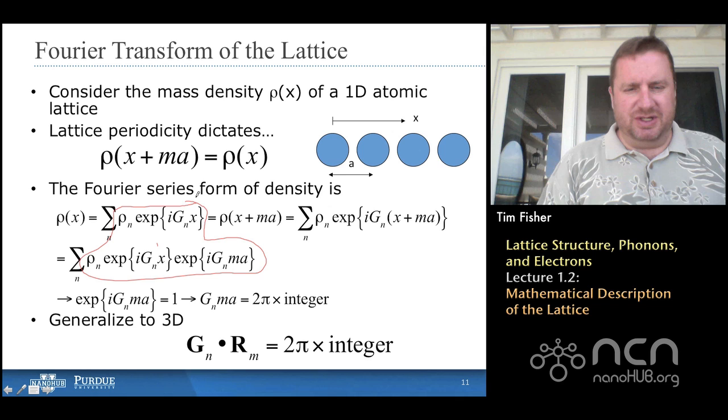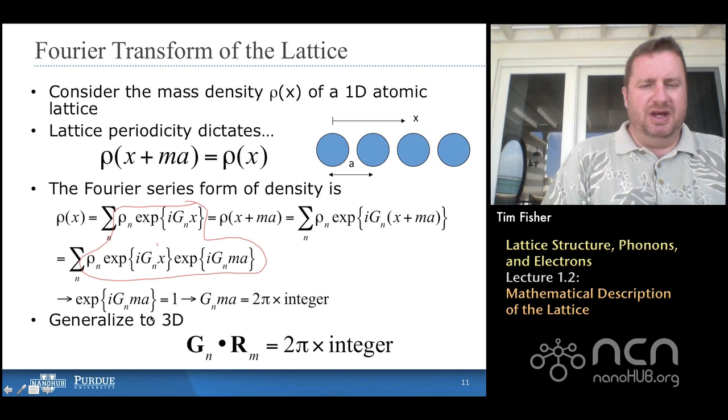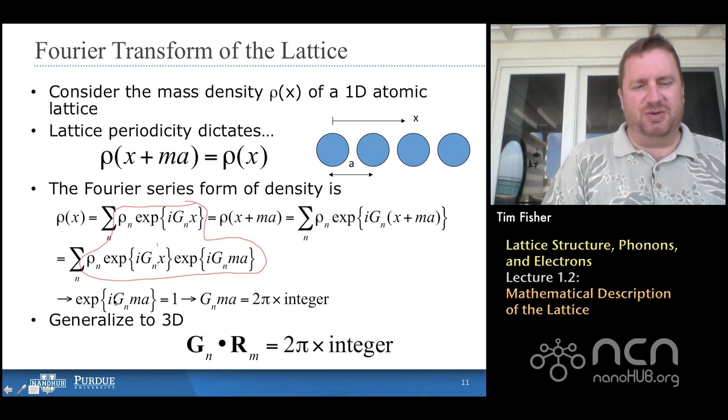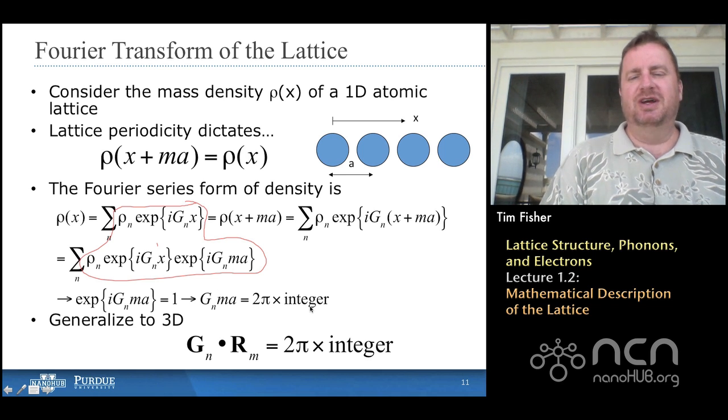If we do that, we see that the only way those things can be equal term by term is if the exponential e to the i g m a equals 1, which puts some severe restrictions on the values that g m a can take. It has to be 2 pi times an integer in order for e to the i g m a to equal 1.